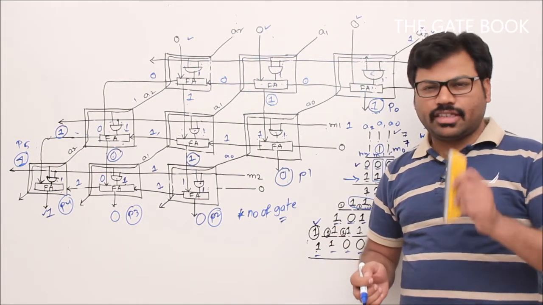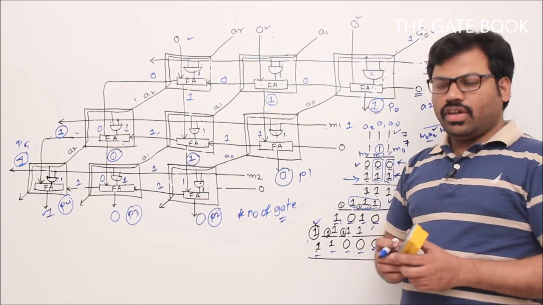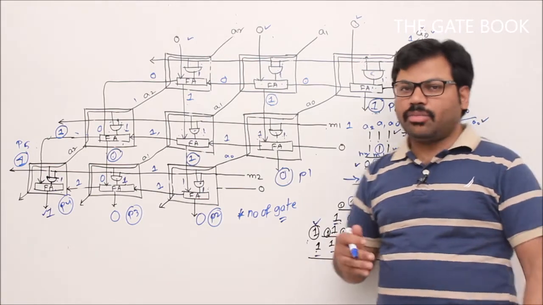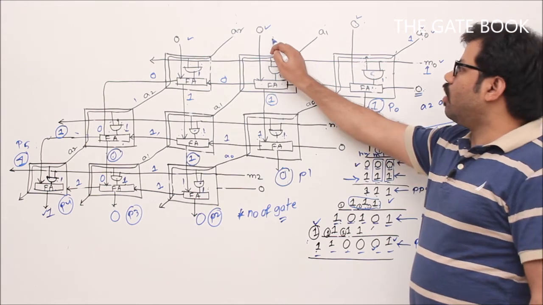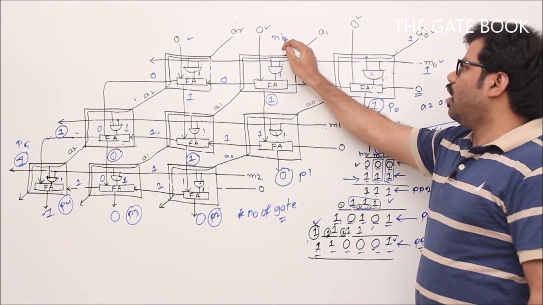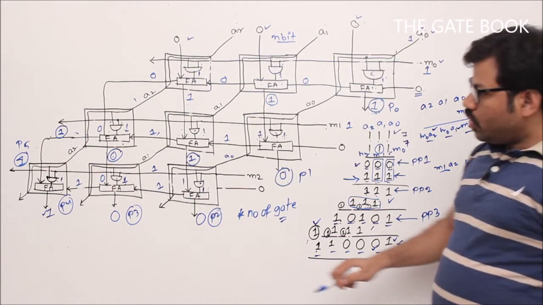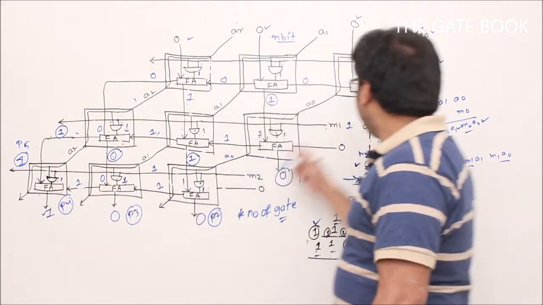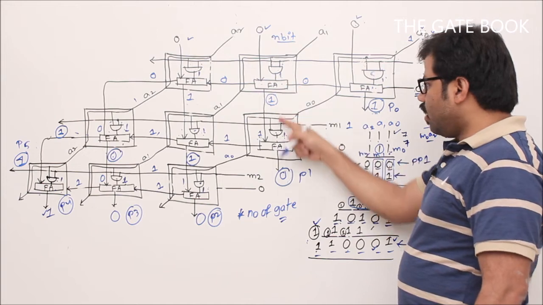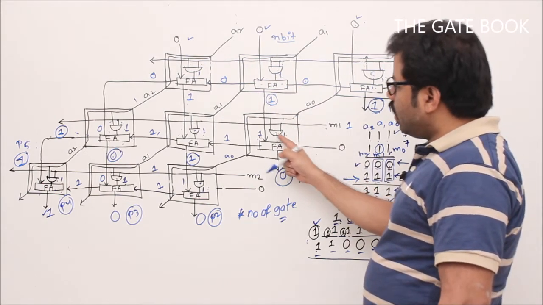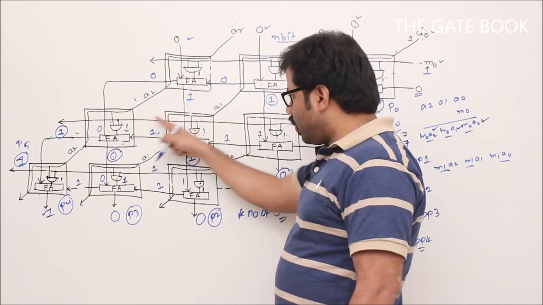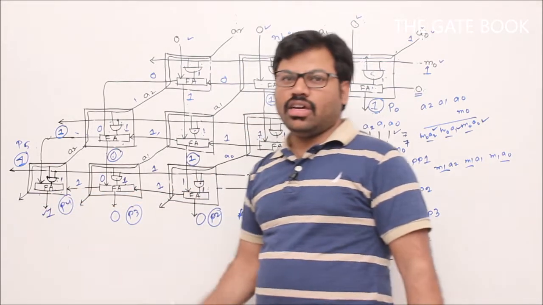That means they did not ask for the exact answer, but they want a rough idea. Example, when you are multiplying two n-bit numbers, okay, n-bit numbers, then we should get the result here, right? I mean, immediately you get the result here, and this calculation will be done at the next level. In the next level, this calculation will be done. After that, this calculation. After that, this calculation.